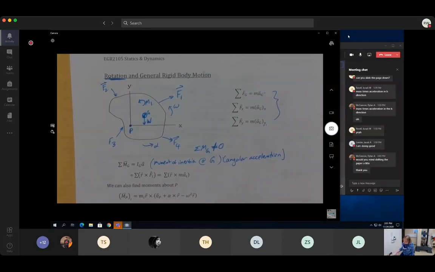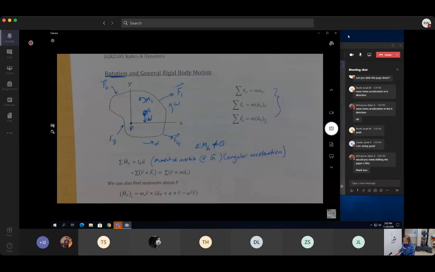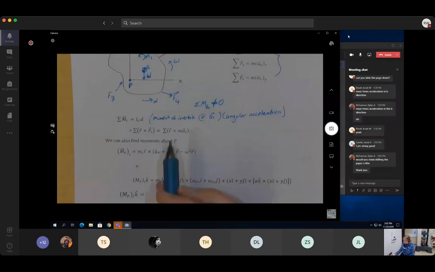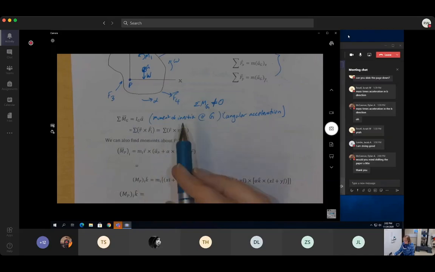Okay, and so to write that out in a little more detail, we've essentially got R crossed with F for the moment, and then on the other side, it's really R cross MA. And so this gets a little more complicated looking.